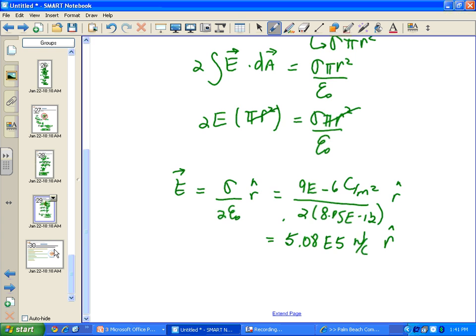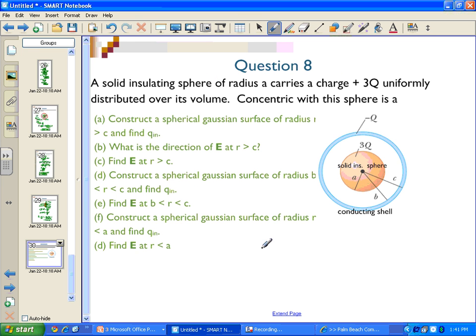Okay, last problem. Here we are given a combination of 2 types of charge distributions. One is a solid insulating sphere, which is concentric with a conducting shell, which has a width, because the inner radius is b and the outer radius is c, so it has a little bit of an interior.